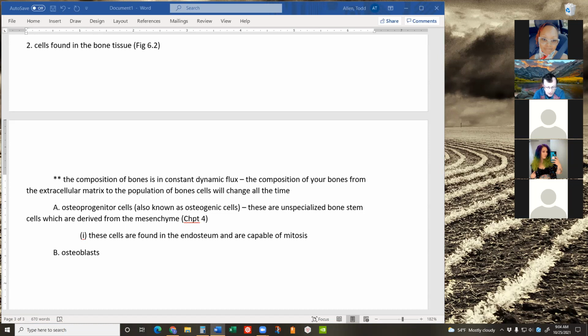What's your book telling you there, folks? Okay, all right. Thank you, Karen and Noah. Appreciate that. It says from bone cell lineage. And that's the point I want to make.